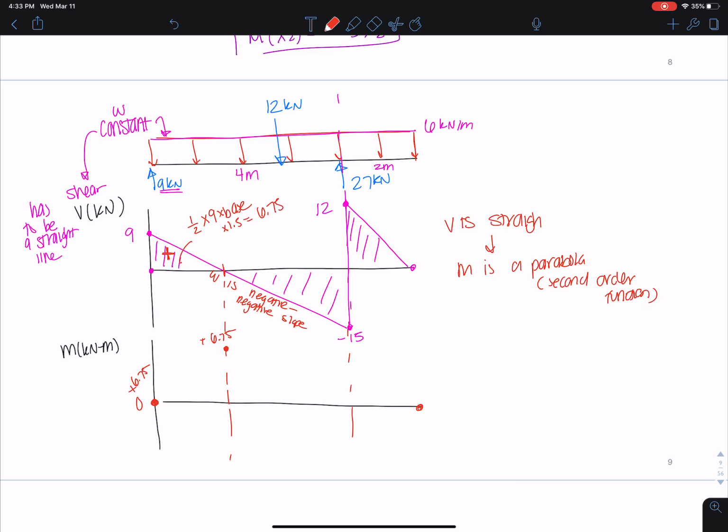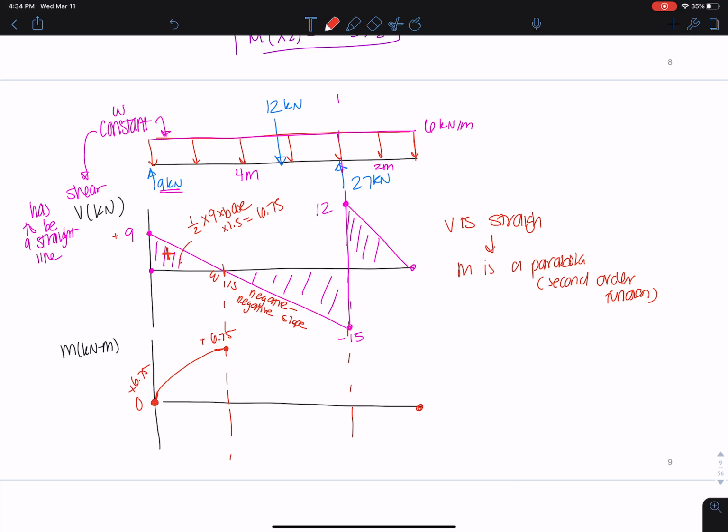Now, how do we draw the curve, the parabola that connects the 0 mark and the 6.75? Well, we look at the slope of that line, right? It's going from increasingly positive, sorry, they're positive, right?